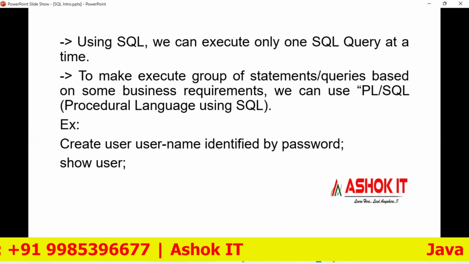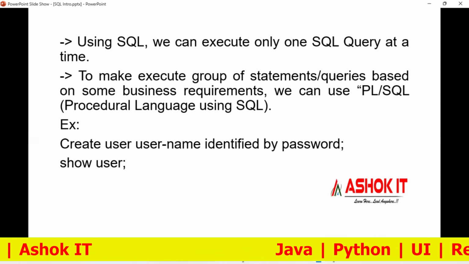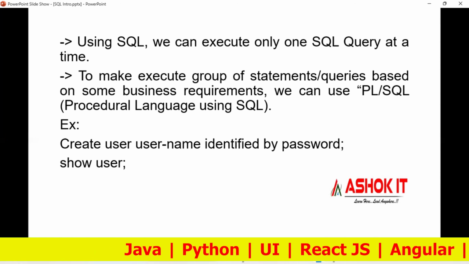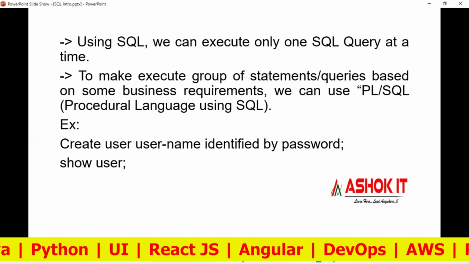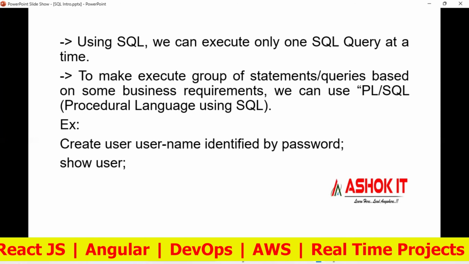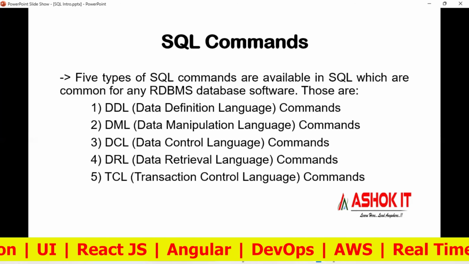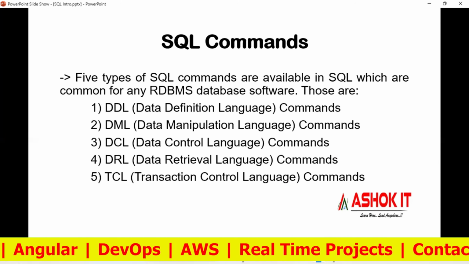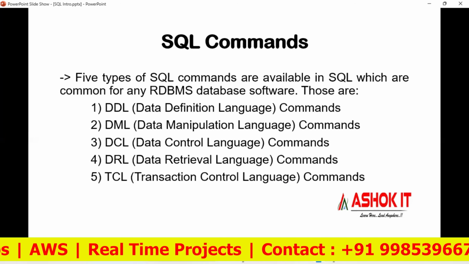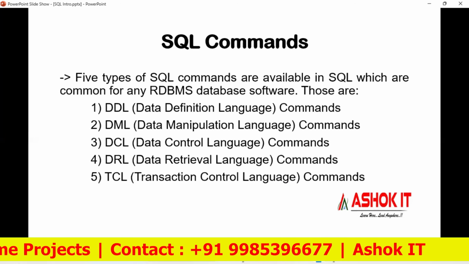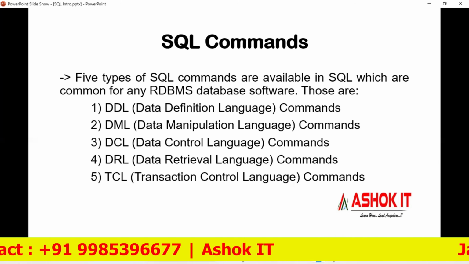Then we need to know the SQL commands. The SQL programming language follows the ANSI standards. The ANSI standards describe some commands to work with SQL as part of the interaction with database software like Oracle. There are 5 types of SQL commands available.